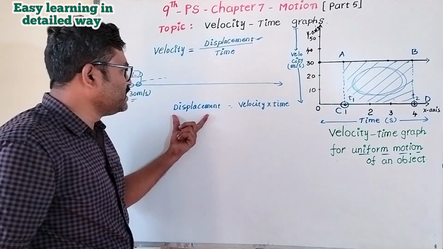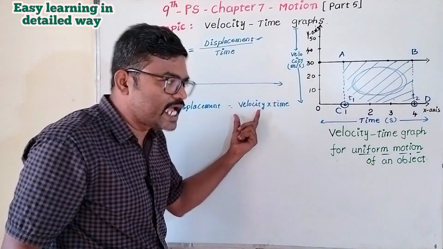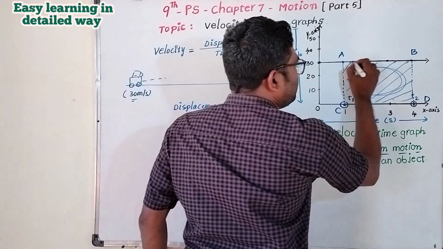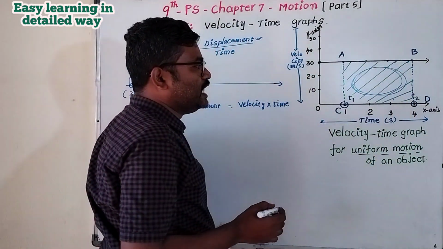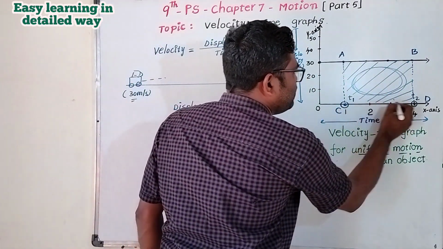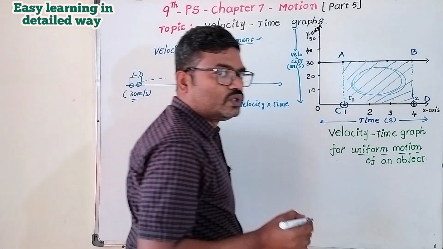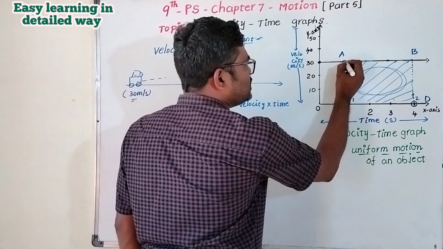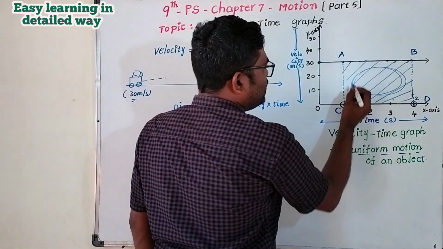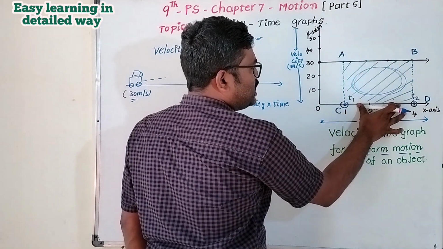Displacement is velocity into time. AB represents the time interval between point A and point B. AB and CD are both parallel.